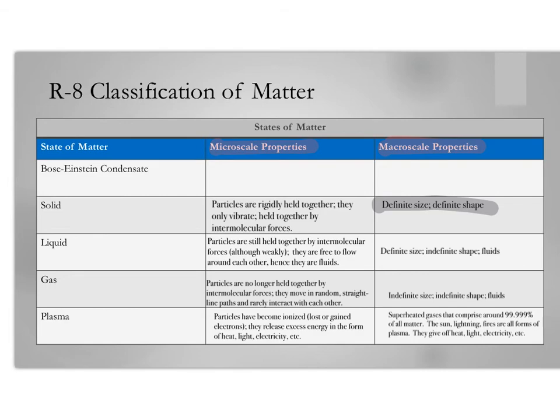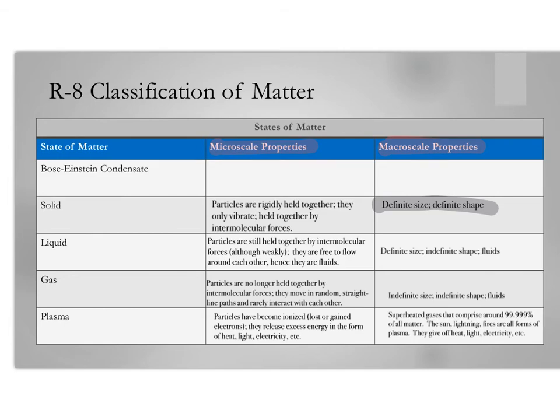So they fly apart, but when they inevitably do come back together, they have to release the extra energy they have that has kept them apart. And they do so by releasing it in the form of heat or light, or in the case of lightning, as electricity and heat and light all at the same time.